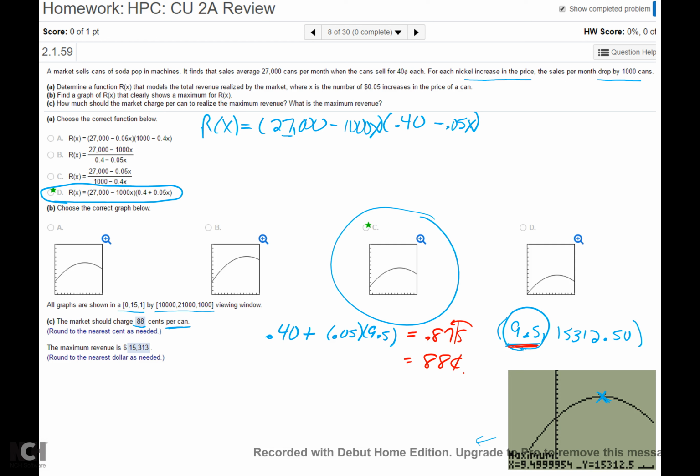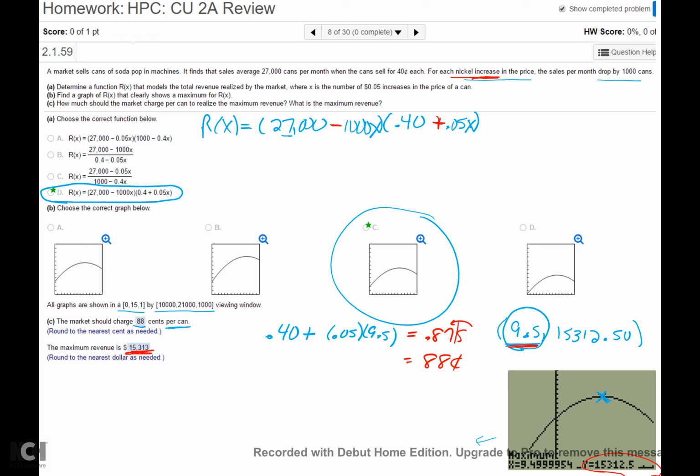Okay, and if I do that, the maximum revenue is going to be that y coordinate. And I'm sorry, back up here, this should be a plus. I'm increasing the price by a nickel, not decreasing it. So that one should be plus, but this one is minus because the cans are going down by 1,000 each time. So that would be my maximum profit.